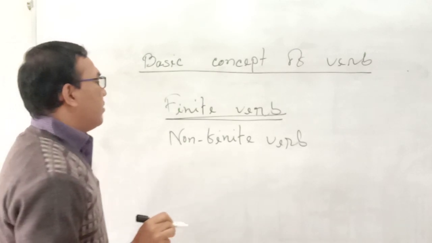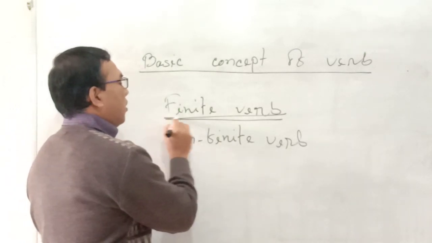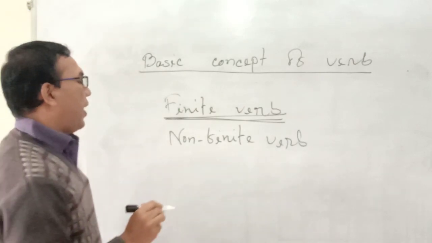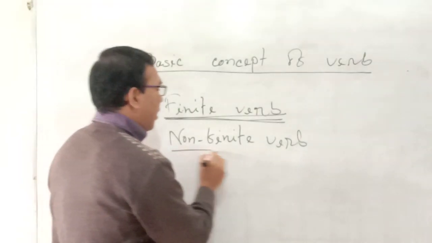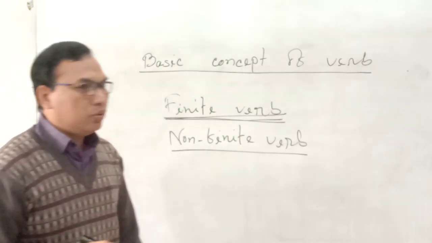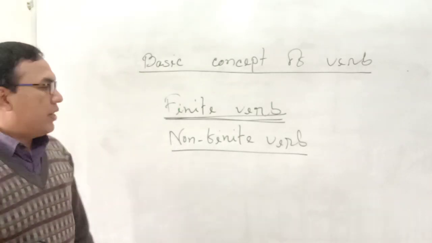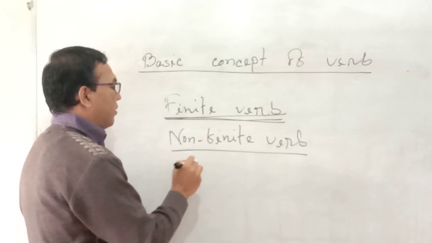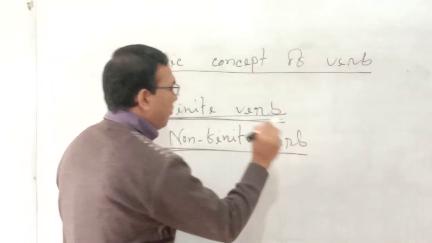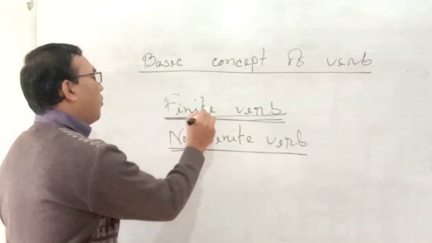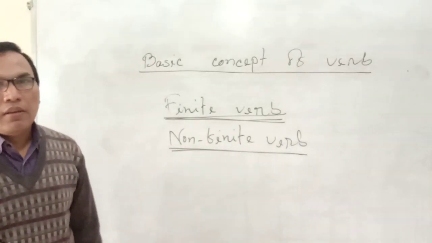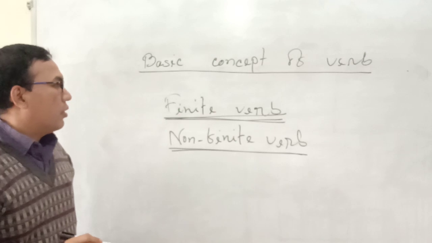To make a sentence, a finite verb doesn't need the help of any other verb, but a non-finite verb alone cannot make a complete sentence. To make a sentence, a non-finite verb needs the help of a finite verb.